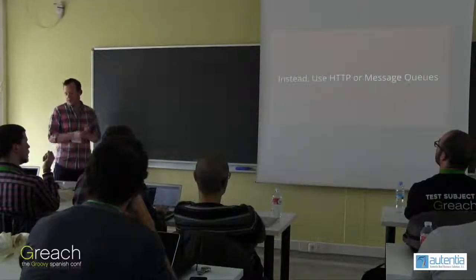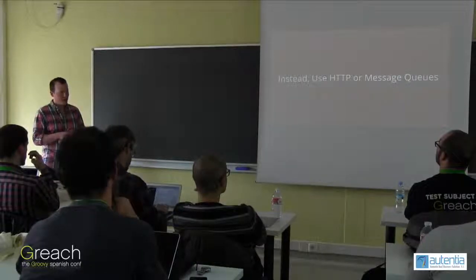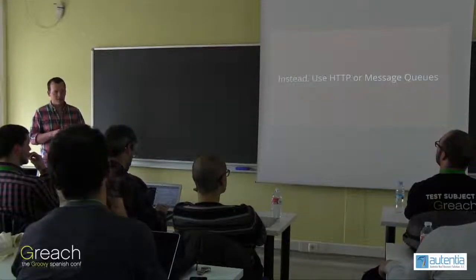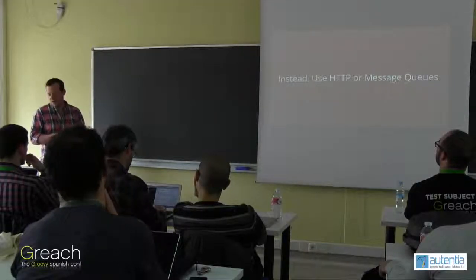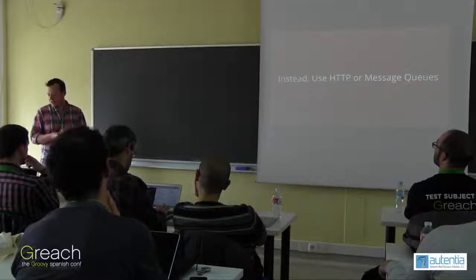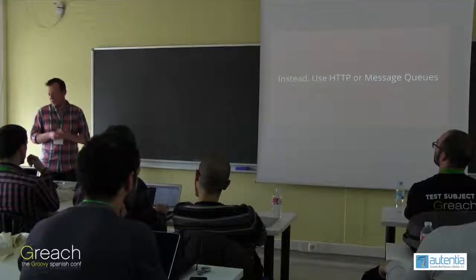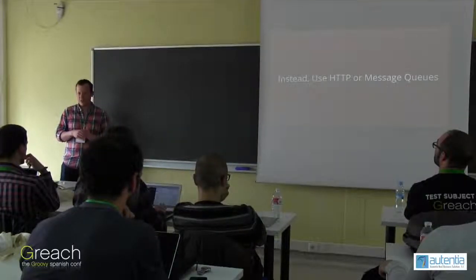So instead, microservices call for using, generally, either HTTP or message queues. HTTP, because we're already building a web application, why not use built-in native web technology? HTTP allows for direct communication between services, but it has the disadvantage of being synchronous.